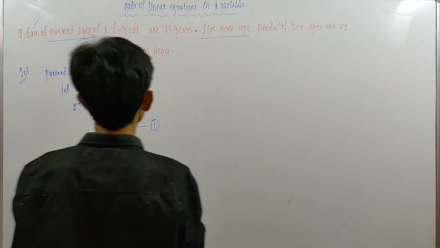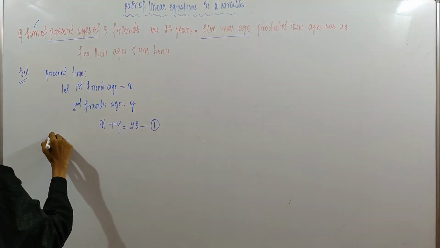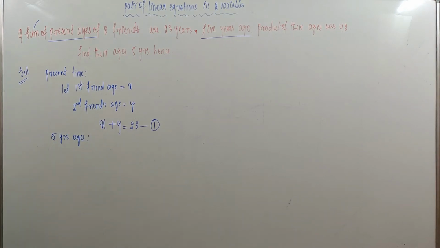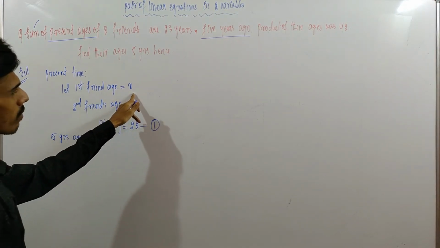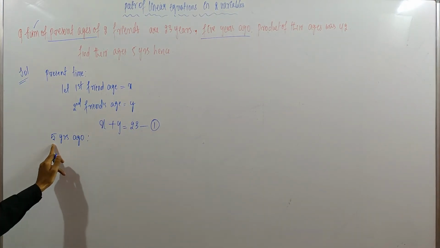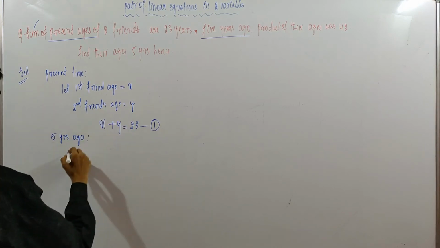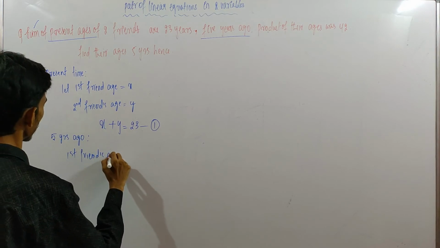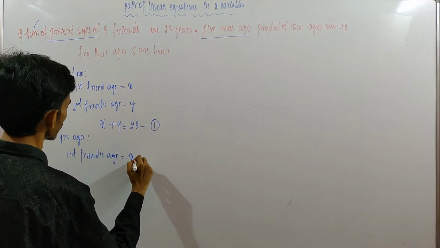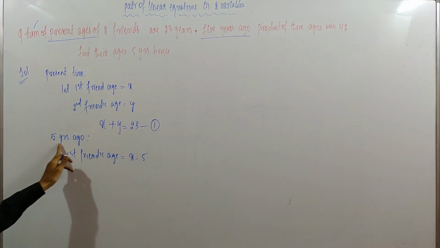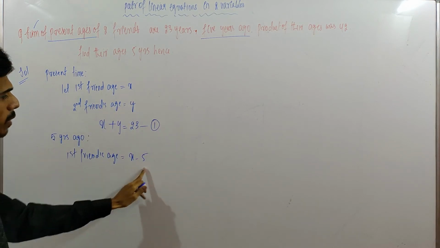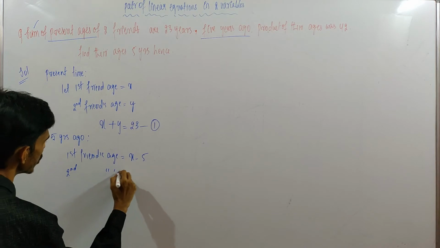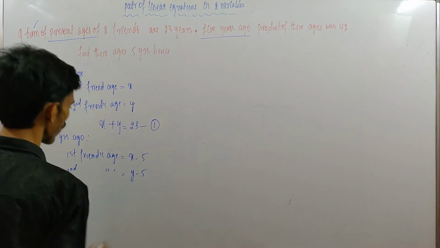5 years ago, their ages will be less than x and less than y by how much? By 5. So the first friend's age will be x minus 5, because 5 years ago his age will be x minus 5. Similarly, the second friend's age will be y minus 5.